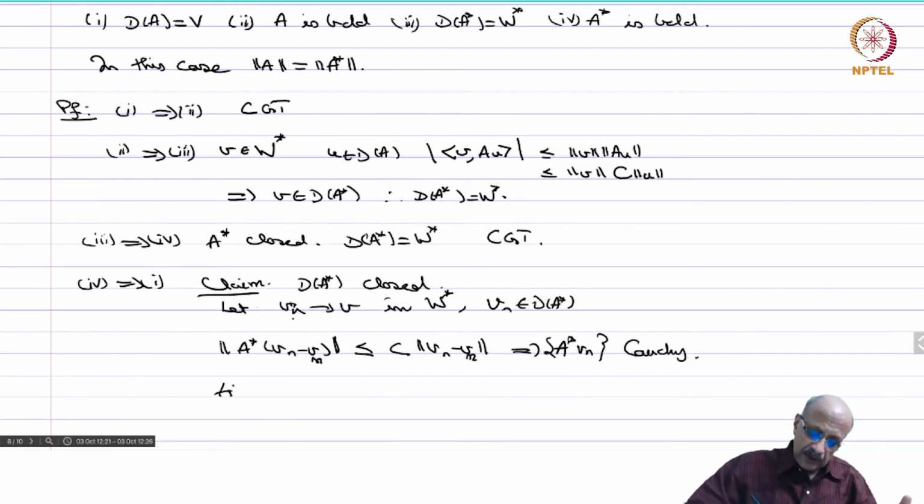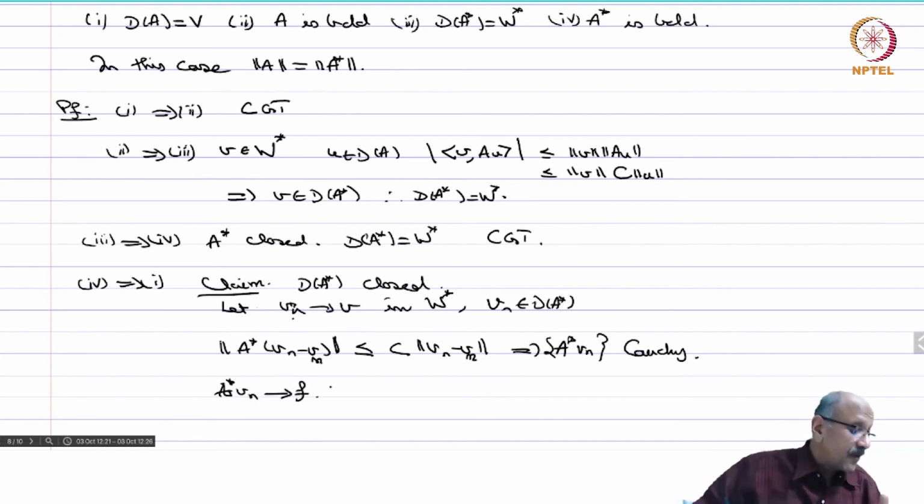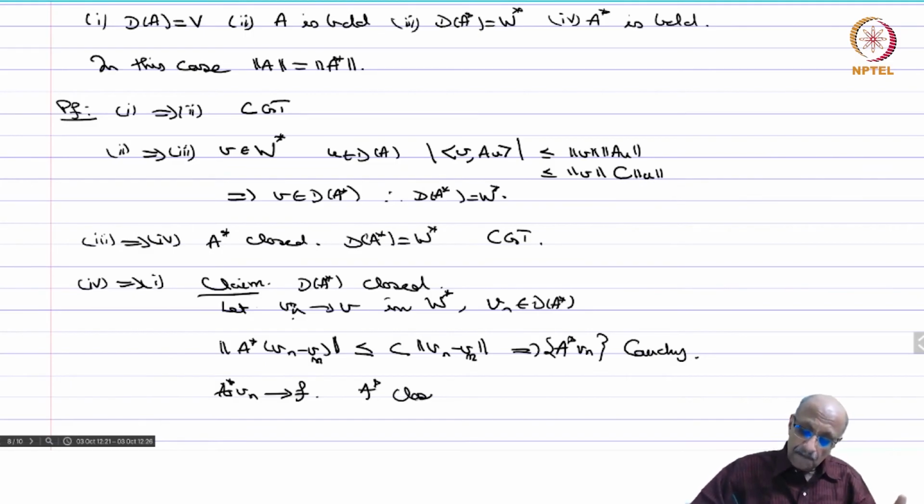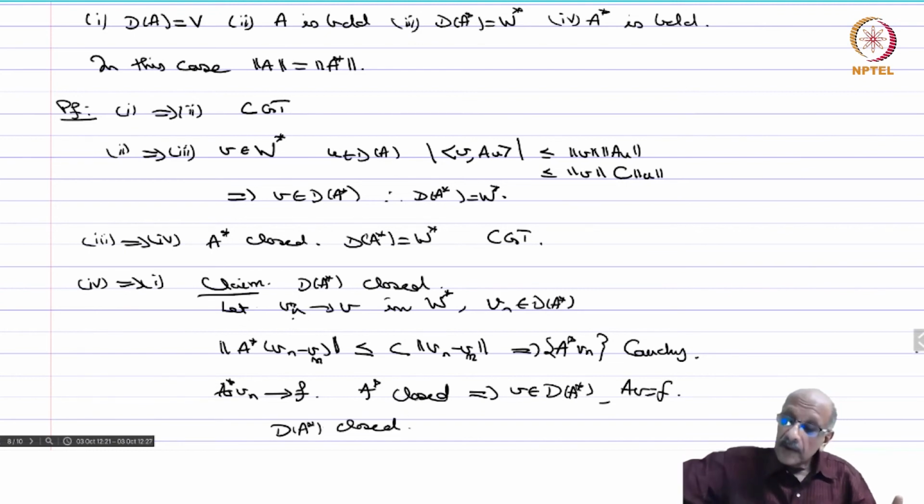So A star Vn converges to some F. But then, Vn converges to V and A star Vn goes to F. Therefore, since A star is closed, this implies that V belongs to D(A star) and A star V equals F. Therefore, we have that D(A star) is closed.